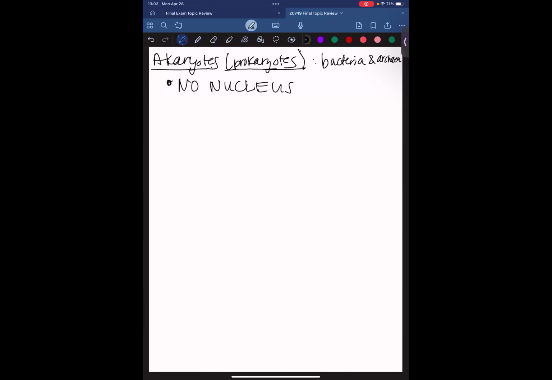No nucleus and no membrane-bound organelles. We'll talk about our membrane-bound organelles when we get into the eukaryotes. Okay, so no nucleus. So where do they keep their DNA?